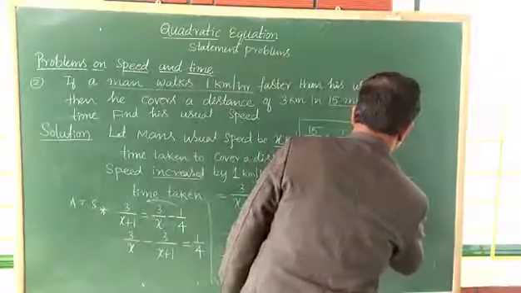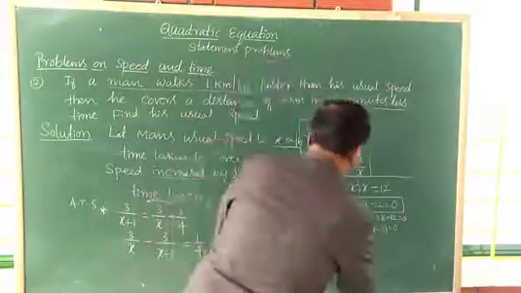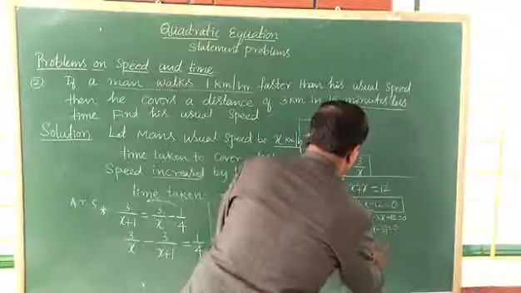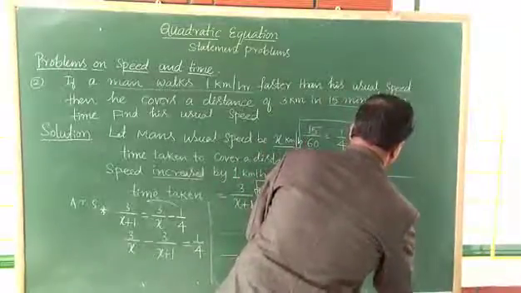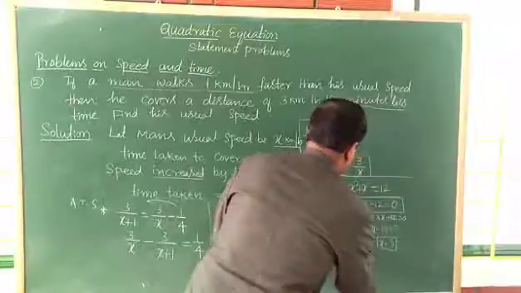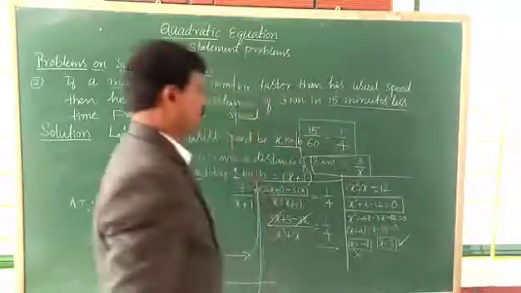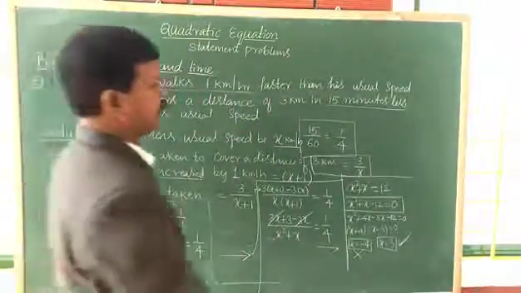Now taking x equal to minus 4 and x equal to plus 3, the negative value cannot be possible. This is the answer.